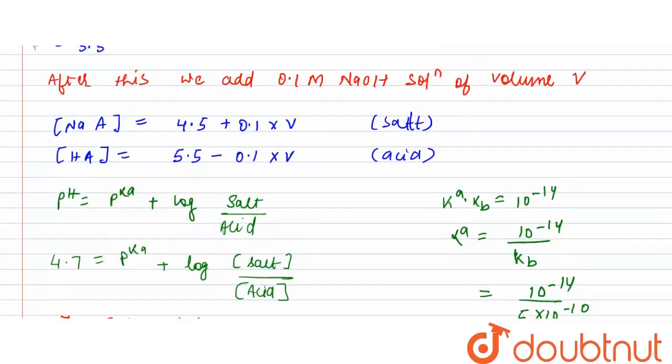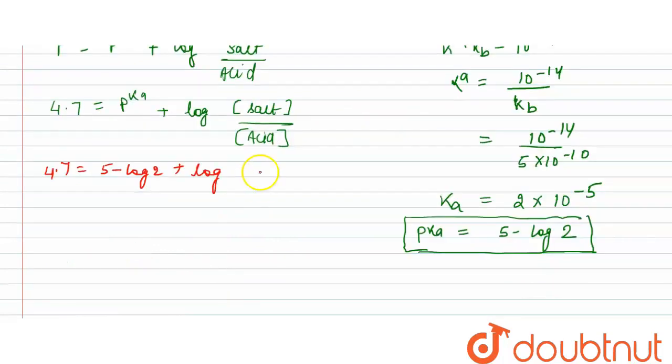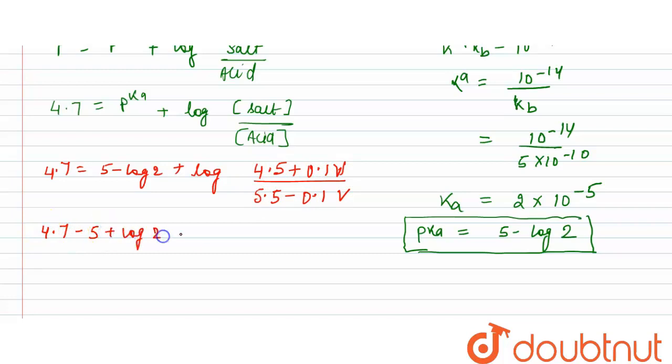We have just now written that the salt concentration is 4.5 plus 0.1 V. And the concentration of acid is 5.5 minus 0.1 V. So from here you will write 4.7 minus 5 plus log 2 is equal to log of (4.5 plus 0.1 V) divided by (5.5 minus 0.1 V).